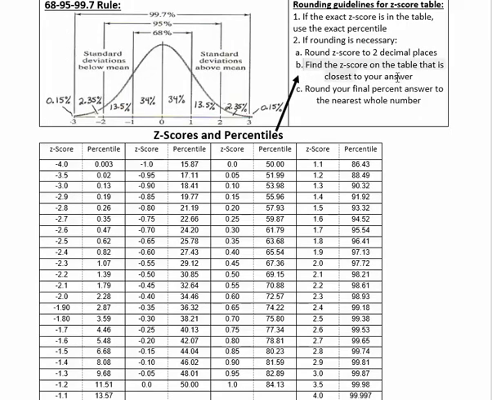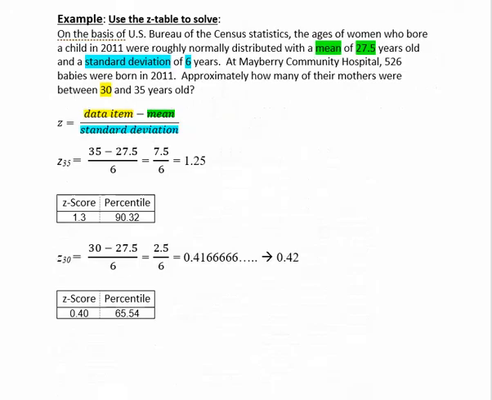We need to find the z-score on the table that is closest to 0.42. Our two candidates would either be 0.40 or 0.45. 0.42 would be closer to 0.40, so we're going to choose this line on the table and copy that onto our paper.